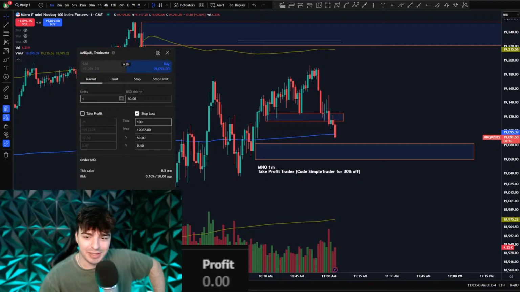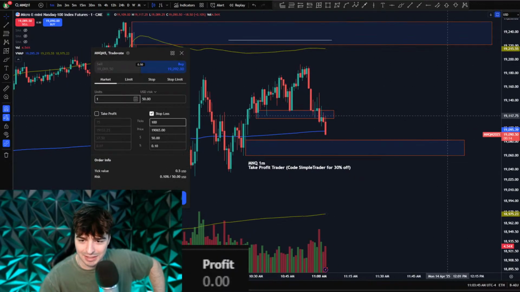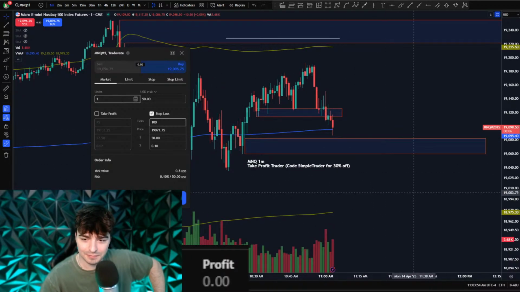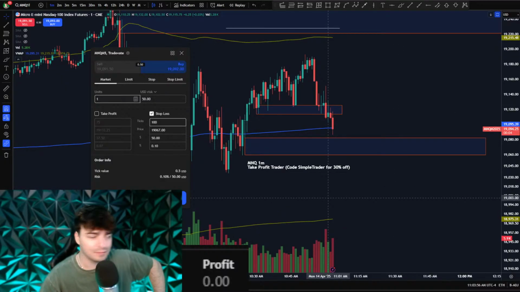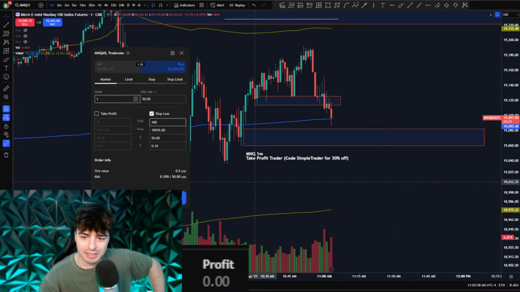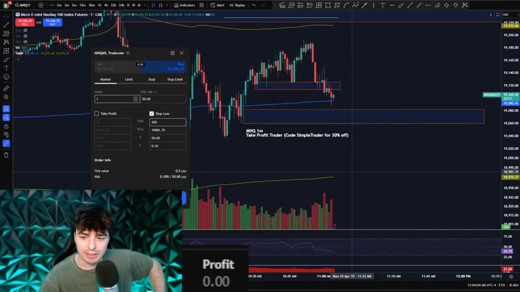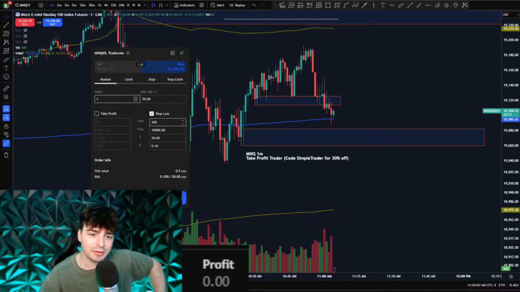I got to my desk late. Panicky. Let's see. Could be a tilted day. Where's the stop? My stop is 1 ATR. Right now, this stop is about 25 points or 100 ticks.